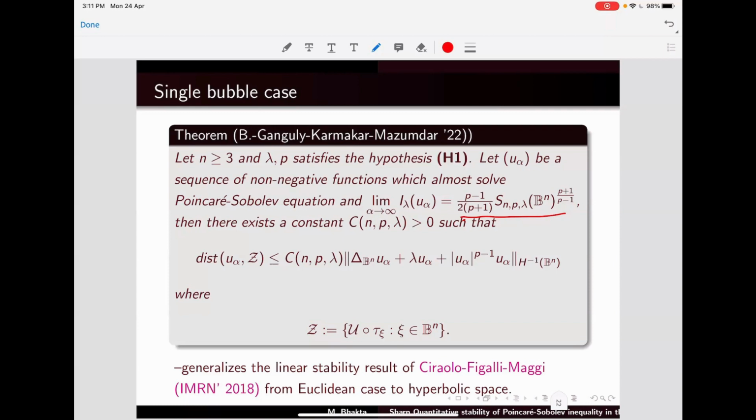That means, if it almost solves the Poincare-Sobolev equation, that is, this goes to 0, then from below we can bound it by the distance of that function from the manifold Z, where Z is the set of solutions of the Poincare-Sobolev equation. So this generalizes the linear stability result of Figalli, Maggi and others from the Euclidean case to the hyperbolic case.